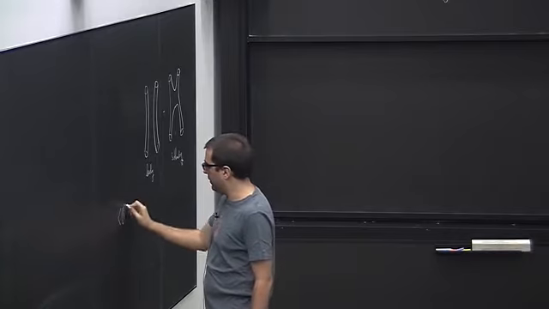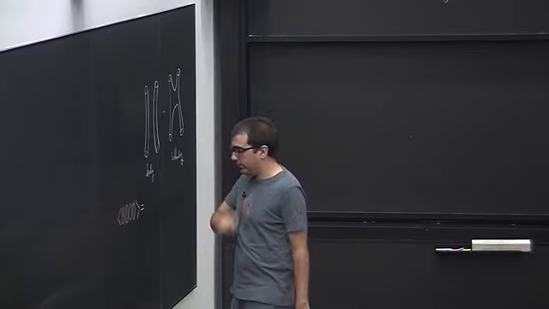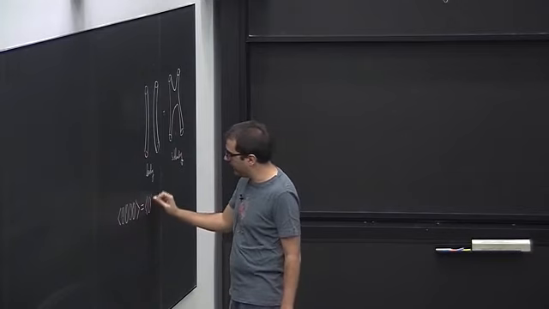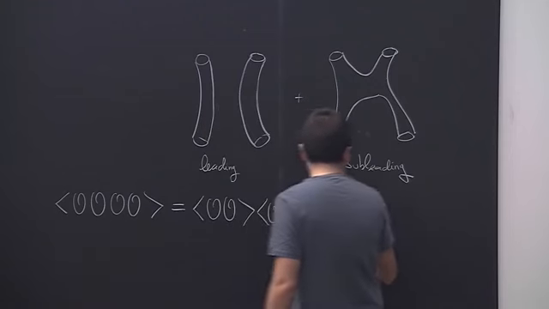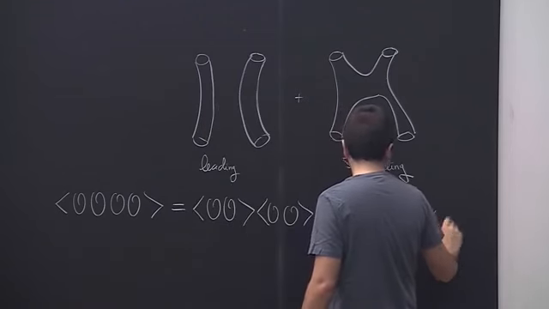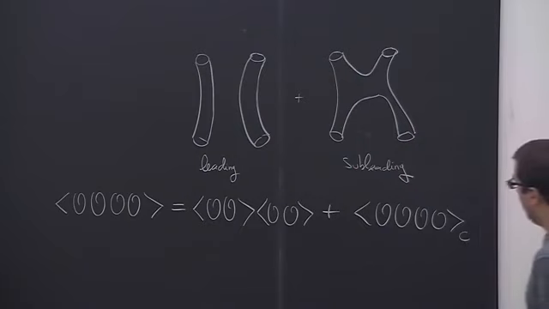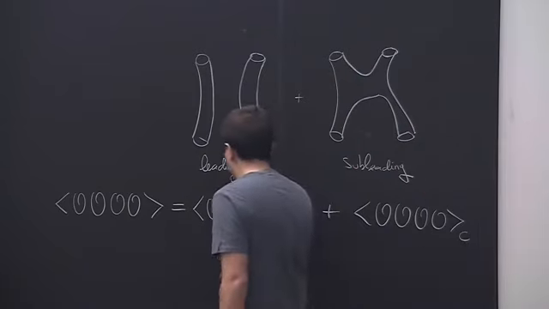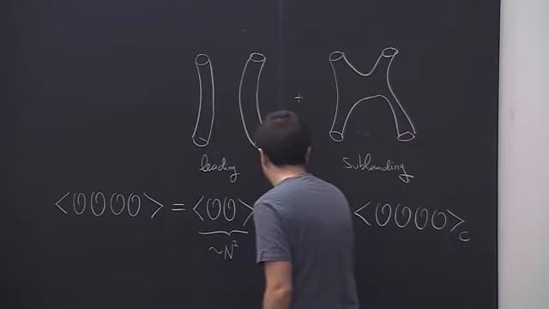If I consider a correlation function of 4 operators, indeed, what happens is that there is a disconnected contribution plus a connected part. Now if we see the disconnected contribution, each of them goes like n squared, right?